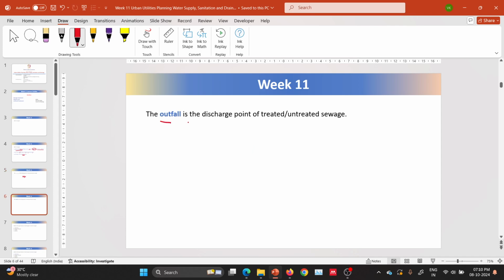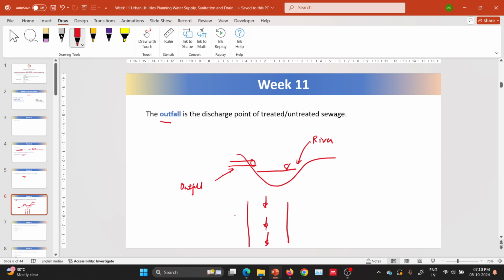In the last lecture we studied the drainage, where the outfall sewer is discharging the water into a river. If you see it in plan, this is a river which is flowing like this, and this is the outfall.